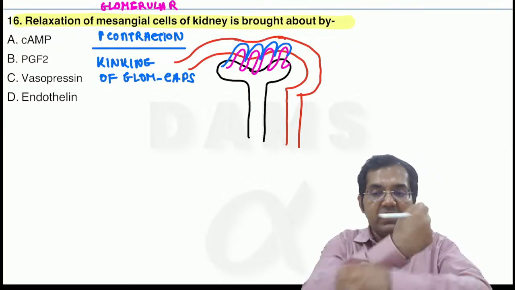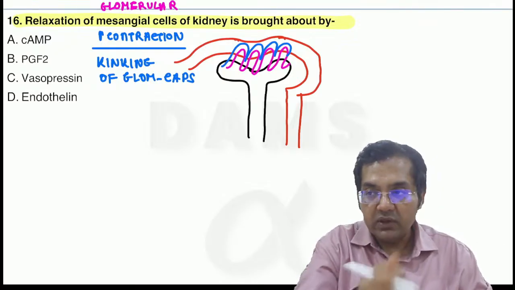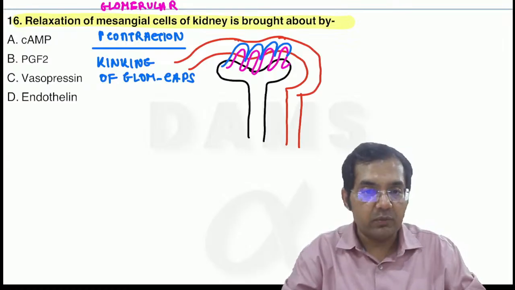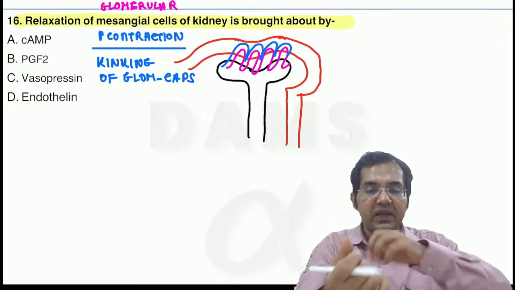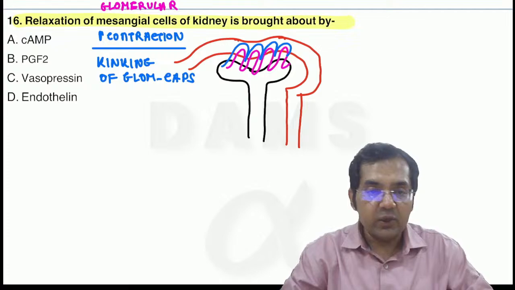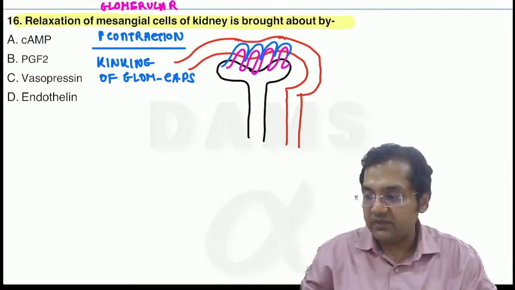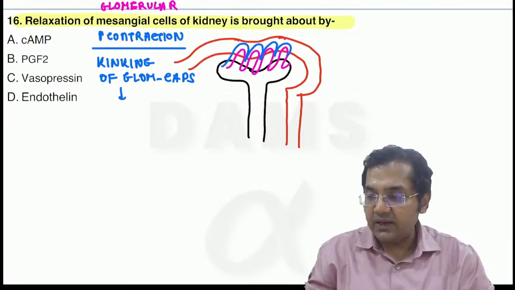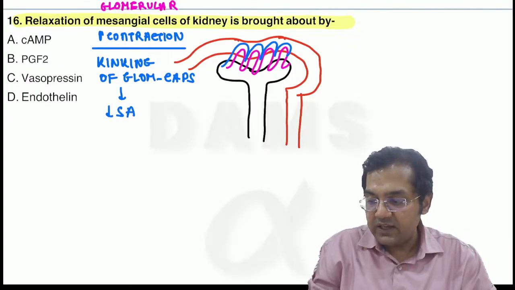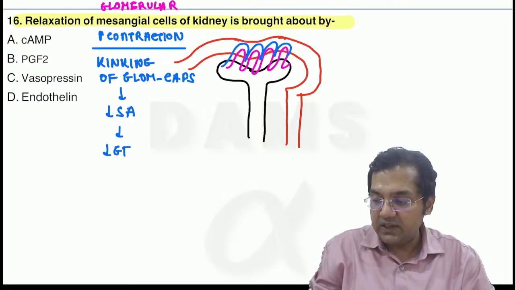Remember, you are washing your car with a rubber pipe. Suddenly your brother or sister comes, takes the pipe and just twists it 10-20 times. What is going to happen? A lot of kinking, twisting. This causes decrease in surface area of the capillary, resulting in fall in GFR.